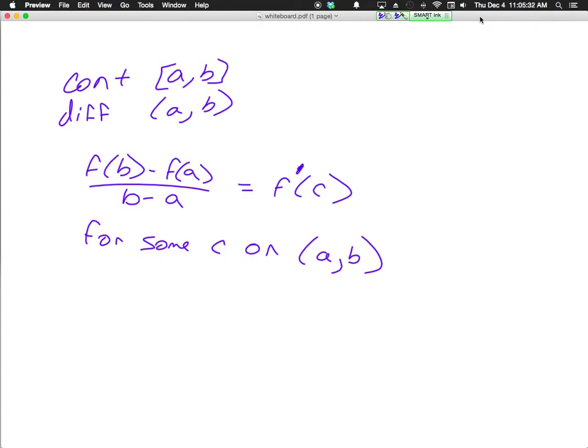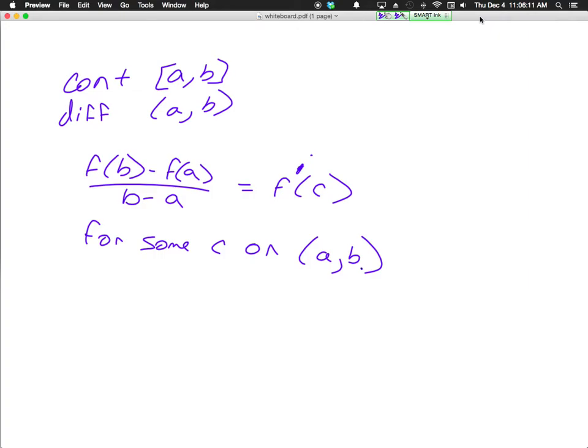AROC equals the derivative, IROC. AROC equals IROC at some x value between A and B. So it tells me that my average rate of change must equal some instantaneous rate of change at an x value of C that is between A and B. This is the mean value theorem.